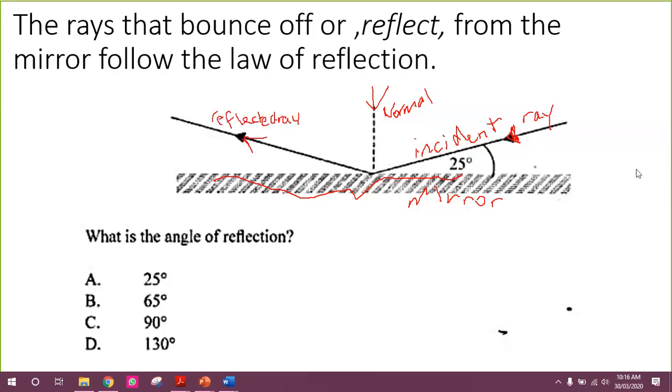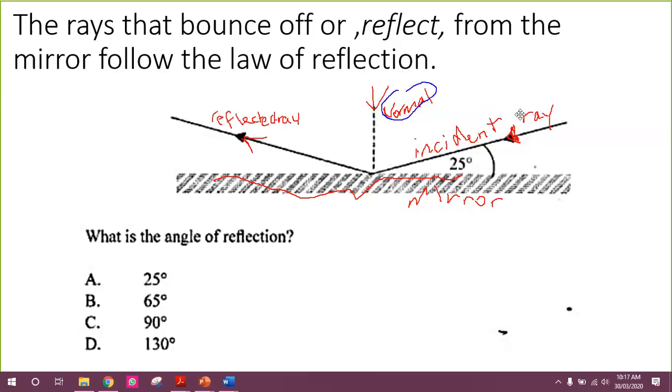Not the normal. The normal is the straight dotted line that's going up from the mirror. So that line there is the normal. Then we define two angles. The first one is the angle of incidence.